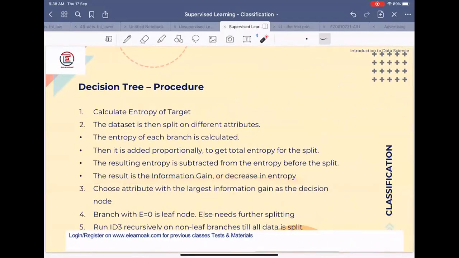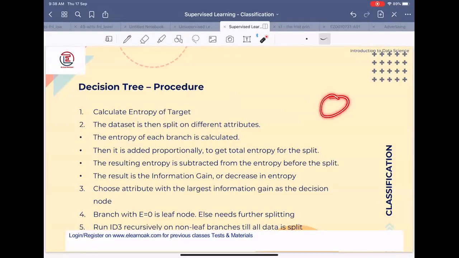Once we go to the example, this will become clearer. But for now, just remember the terms. Once we find the information for each of the splits, we will choose the attribute with the largest information gain as the decision node. So at this point, whichever feature has the largest information gain, that feature is our decision node.